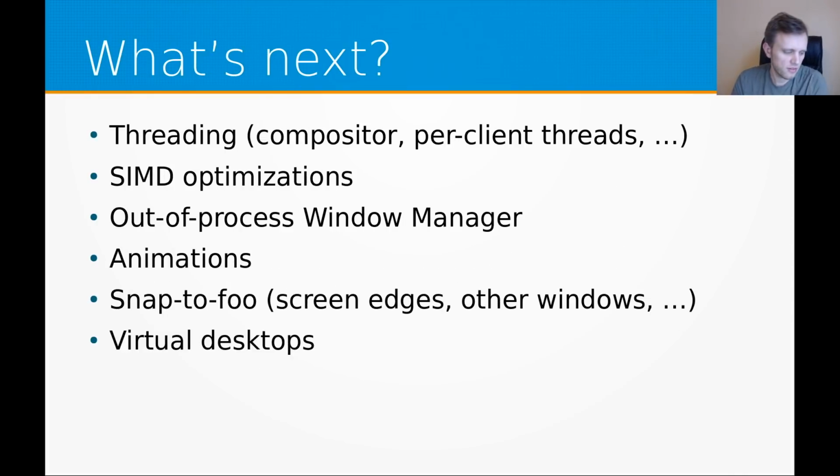So those were basically the main components that I want to talk about there. So let's look a little bit at what's coming next. One thing is threading. I would like to take advantage of threads in the WindowServer. So I would like to have a thread for the compositor so that it can run totally independently of all the other code.